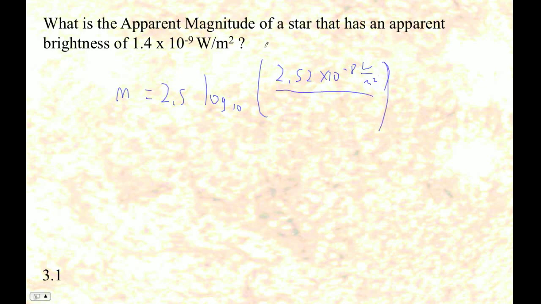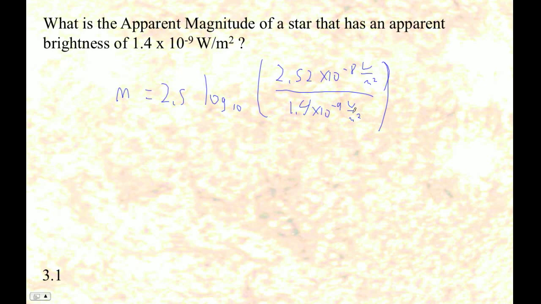Okay, so let's see. Apparent magnitude, little m, is 2.5 log 10 of 2.52 times 10 to the minus 8th watts per square meter. Oops, gotta do the whole parenthesis. Okay, and then this one's 1.4. All right, and then I'm just going to go second entry.